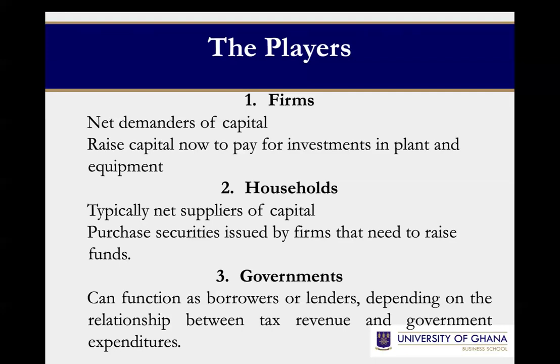And so as you look at the players critically, it means that the firms demand capital, which they then use to invest in real assets, land, buildings, machinery, intellectual property, and they work these to generate value. The households typically provide the capital and in return are issued with the relevant financial claims, which allows them to claim revenue being generated by the firms. And then government can also borrow or lend, but most of the time borrows because they always run budget deficits.